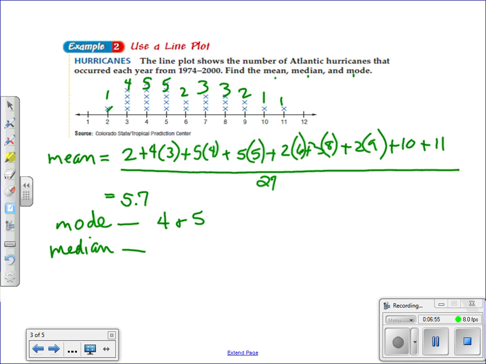So we could go 1, 1, 2, 2, 3, 3, 4, 4, 5, 5. This is a pain in the neck problem, no? 6, 7, 7, 8, 8, 9, 9. I'm not going to make you do the median. Get the idea. If you can find the mean and the mode on that, I think we will be doing just fine. So we'll forget the median. Let me see if I can make this work. There you go. All right, let's move on.